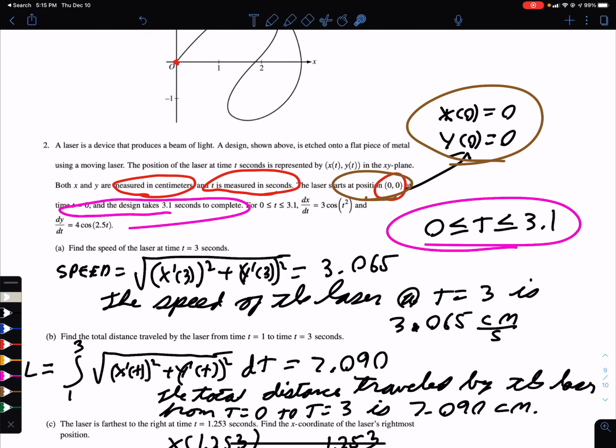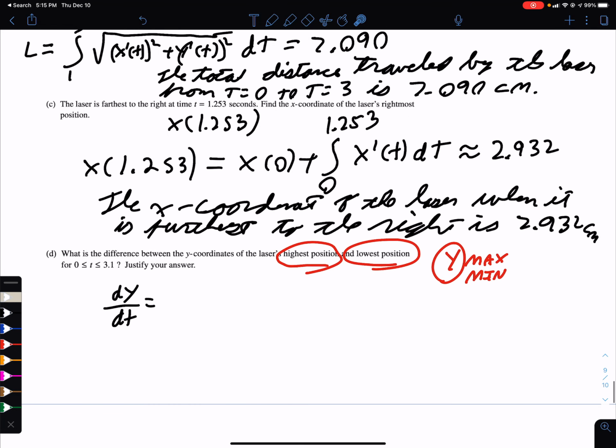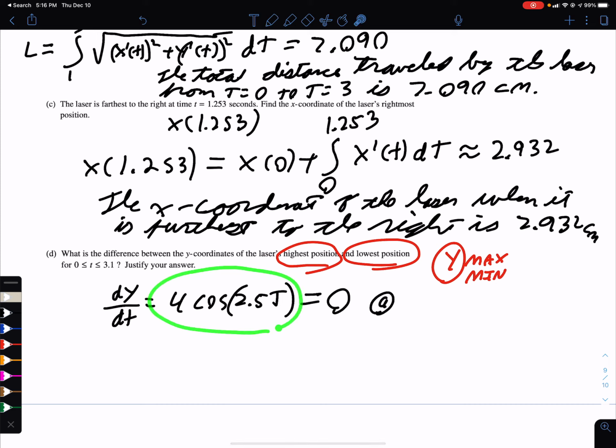4 cosine 2.5t. Now, a critical point is when a derivative is 0 or does not exist. This cosine always exists, so I set it equal to 0. And on my calculator, I graph this, and I find where it crosses the x-axis, and I find all the numbers between 0 and 3.1 where that happens.